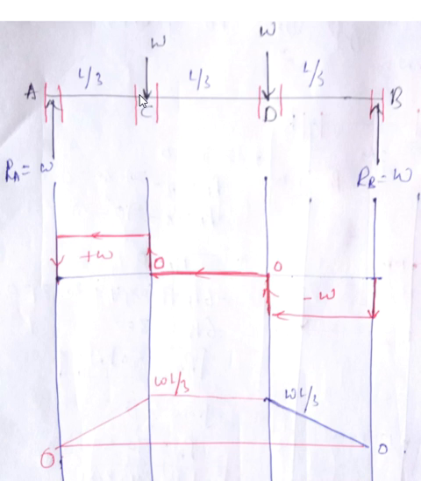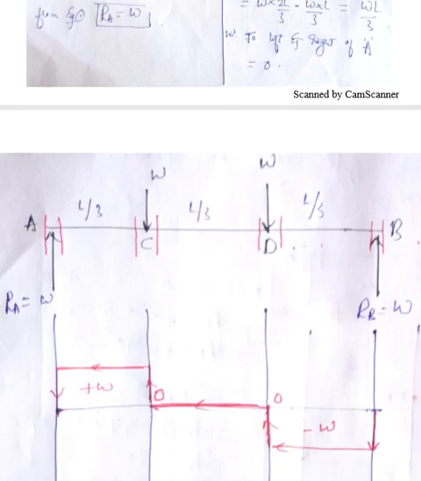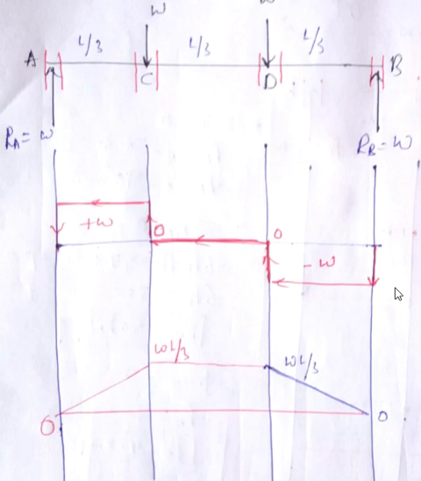So after adding the moment of this force and this force, at point C, W into 2L by 3 minus W into L by 3 will become WL by 3. So that only I have written here. At point C, this point, it is also WL by 3.